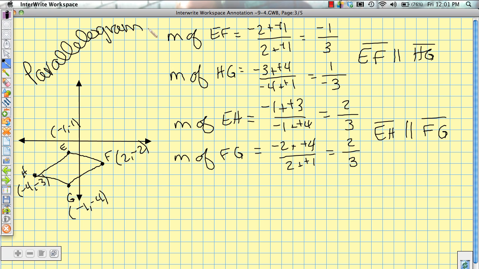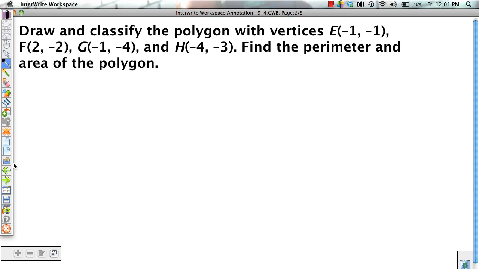So now we need to find the perimeter and area. So to find the perimeter, we need to know the lengths of all the sides, which means we're going to have to use the distance formula. This is going to be the distance of EF.